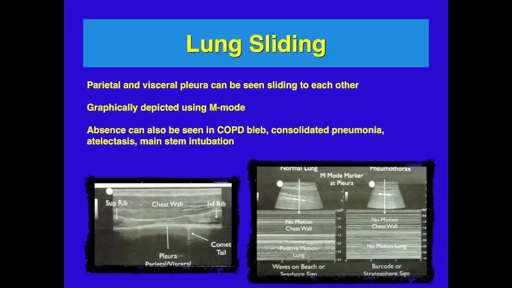If you put the M mode on the pleural line, you will see in a patient who has lung sliding a 6-second clip which shows waves or a seashore sign. If there is no sliding, then the same maneuver will result in a barcode or stratosphere sign, which you see on the bottom right.